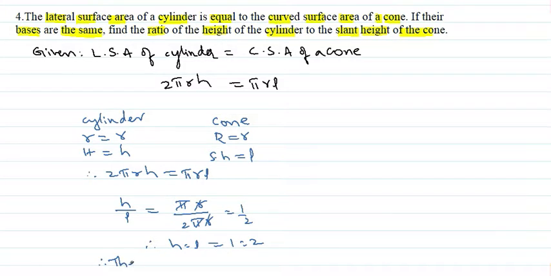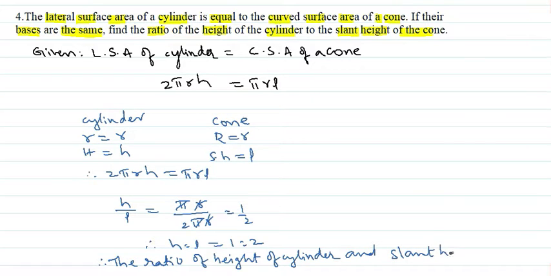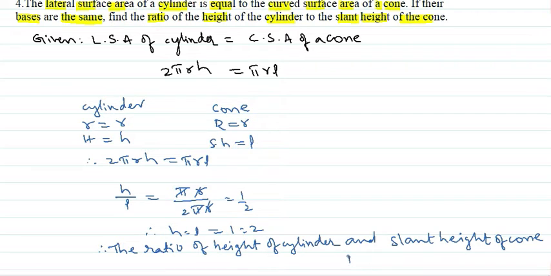Therefore the ratio of height of cylinder and slant height of cone is 1:2.